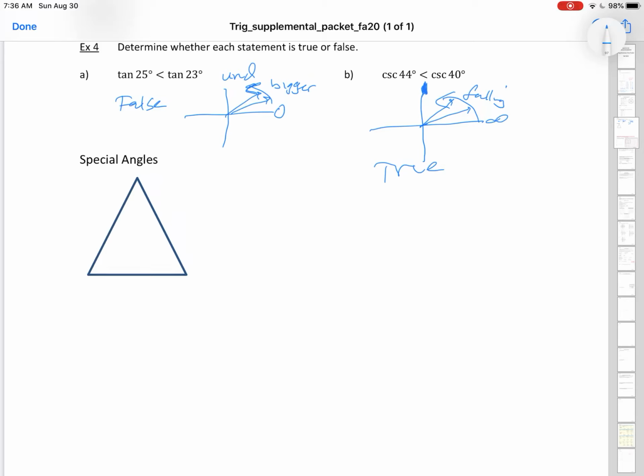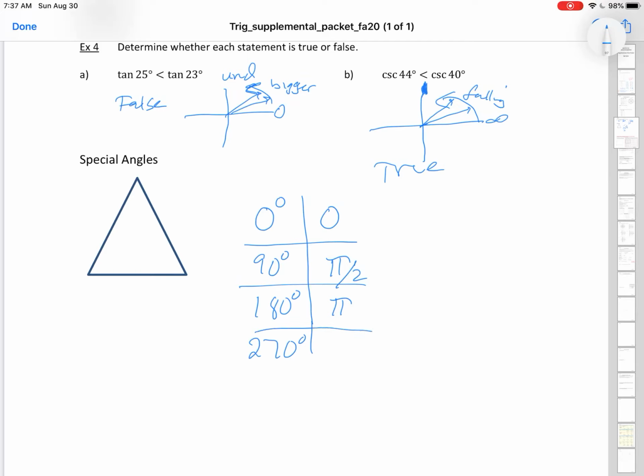So far, we would love for you to have memorized what the cosine of 0 degrees is, or 0 radians. What the sine, cosine, and tangent are of 0 degrees or 0 radians. We would like you to have 90 degrees, 180 degrees. So 90 degrees is pi over 2. 180 degrees is pi. And we would like you to have 270 degrees memorized, which is 3 pi over 2.